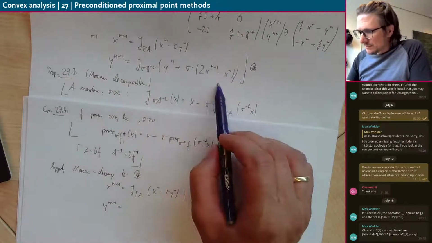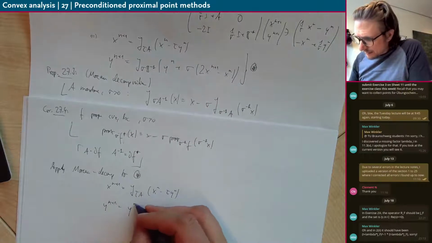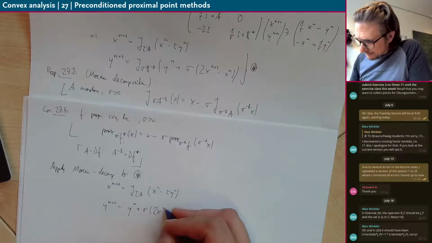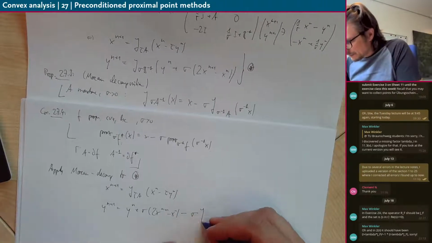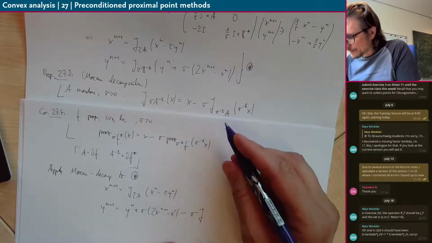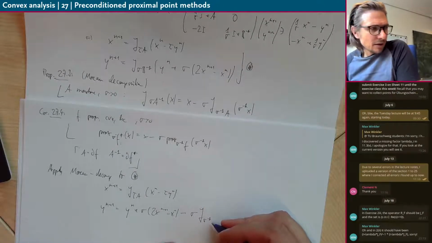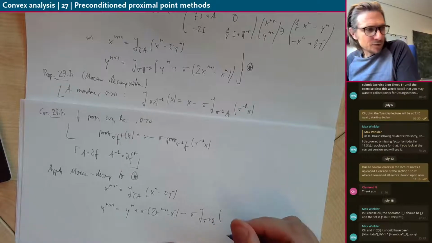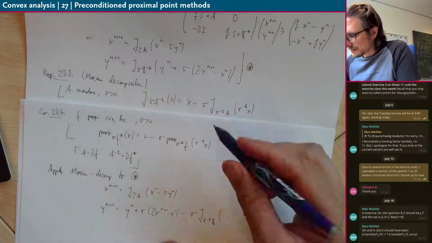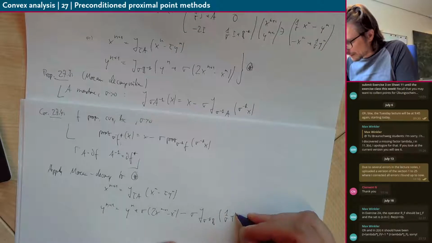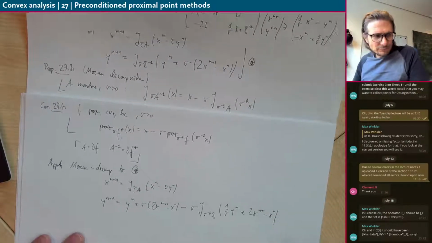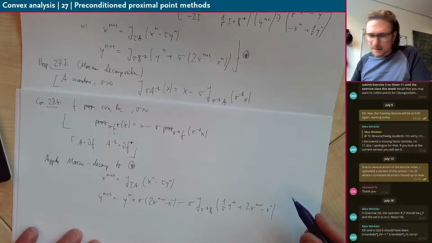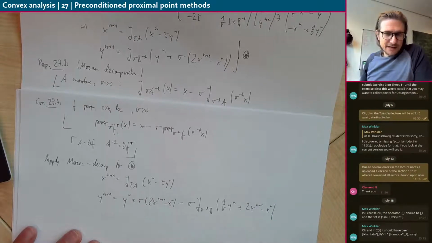So this argument here plays the role of our x, so we get y n plus sigma times 2x n plus 1 minus x n, minus sigma times the resolvent of sigma to the minus 1 of B applied to the same, this here divided by sigma, so it's 1 over sigma times y n plus 2x n plus 1 minus x n. So this is just the iteration expressed in the resolvent of A and B.